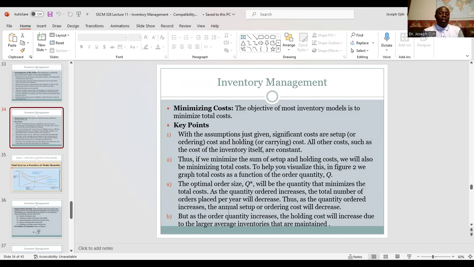Based on the graph, as the order size increases, the total number of orders placed per year will decrease, which means that as the quantity ordered increases, the annual setup cost will decrease.